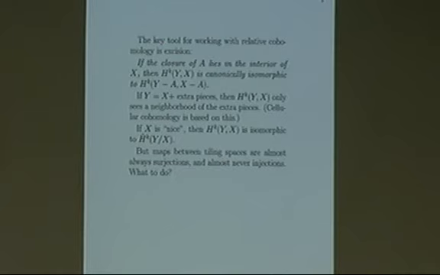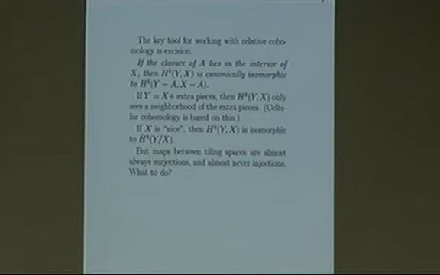And so the way to think about that is, well, first of all, if y is x plus extra pieces, all we really care about are the extra pieces and how they're attached to x. But it also means that if you think about the map from x to y, the inclusion map, it's one-to-one everywhere. But there are places where it's not onto. There are places in y that don't get hit. It's really the places where the map fails to be onto that tells you everything about the relative homology or the relative cohomology.